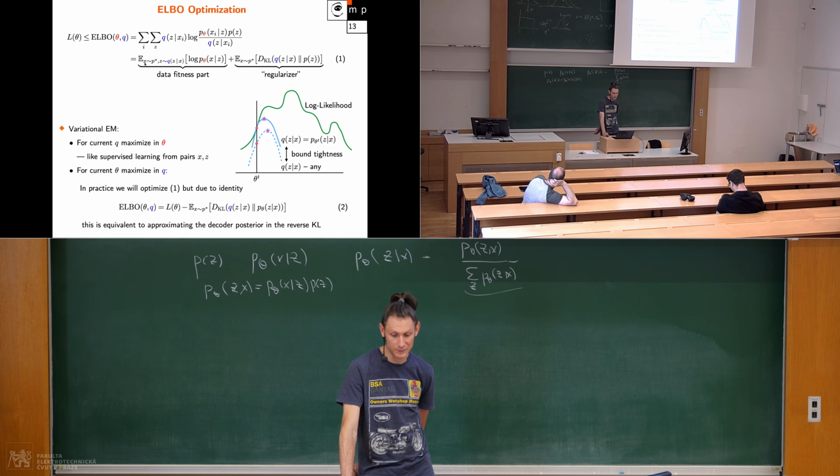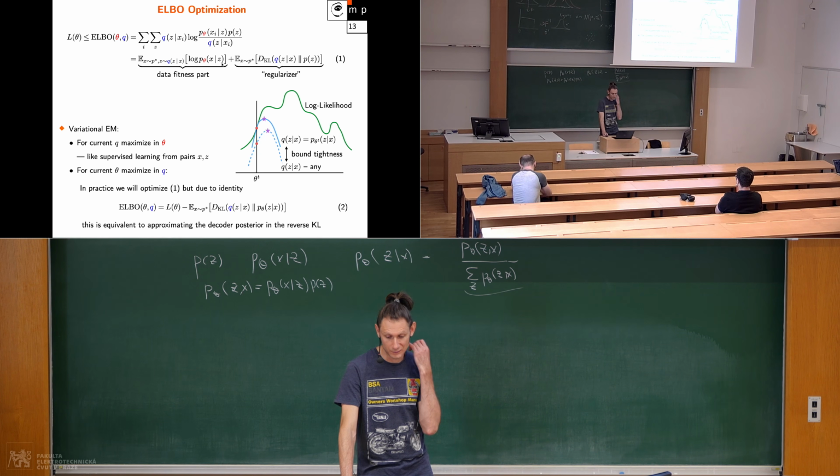You have some samples of images, and corresponding latent codes according to the encoder distribution, and we want to fit the decoder. So the decoder must learn to approximate x given z.